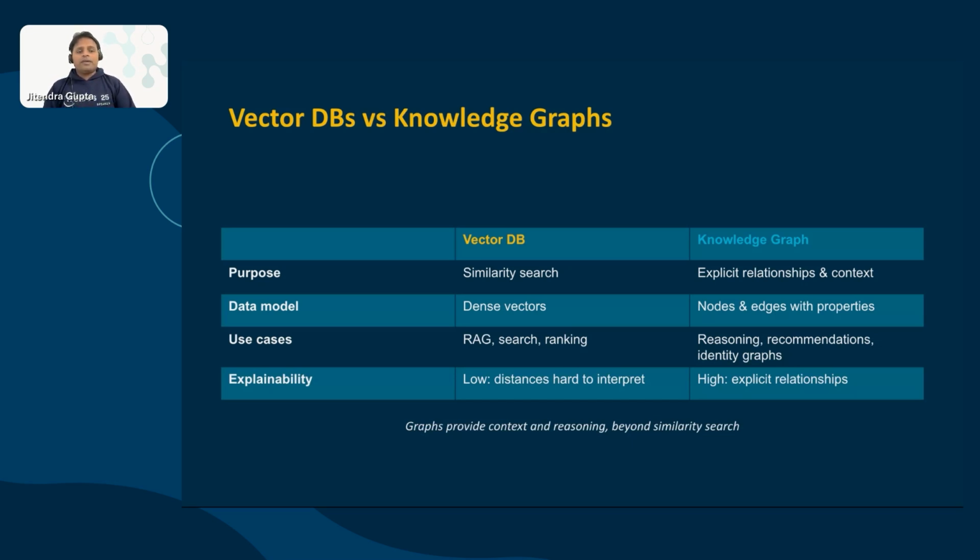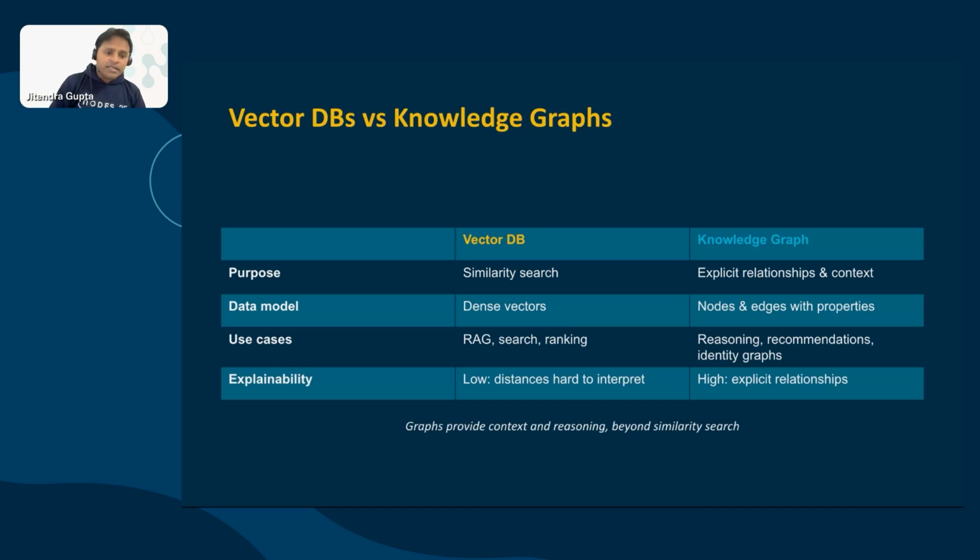When we want to perform, let's say, a similarity search, that's where vector DBs support well, right? But if we want to extend that capability further, that's where we will probably go for knowledge graphs, which explicitly give us inputs on what sort of relations exist, and also build the context on top of that.